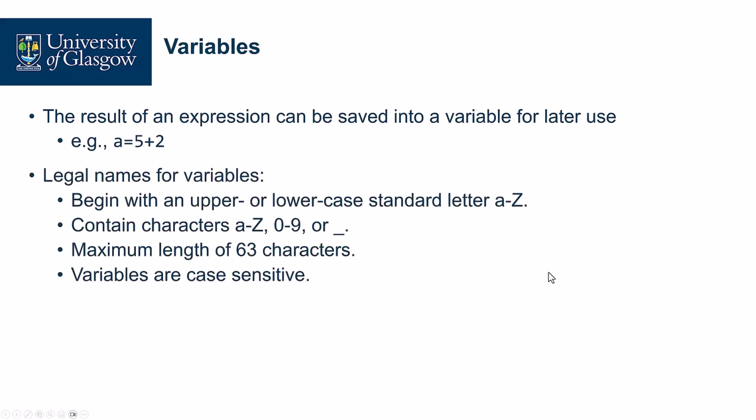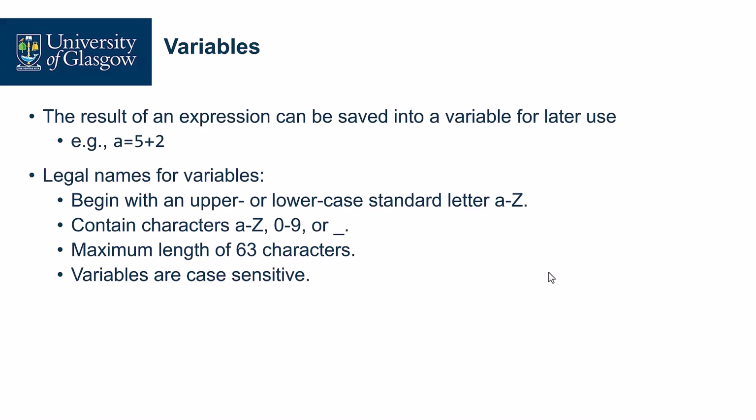First, it needs to begin with an upper or lowercase standard letter from A to Z. It can contain the characters A to Z, 0 to 9, or underscore. The maximum length is 63 characters according to the newest version. Also remember the variables are case sensitive, so a lowercase a and a capital A are different variables.